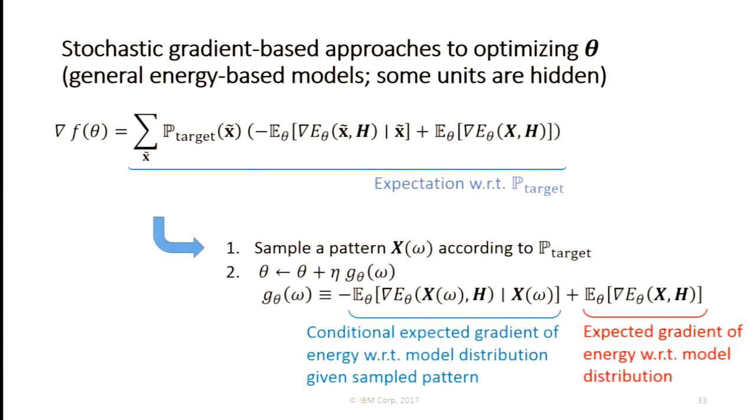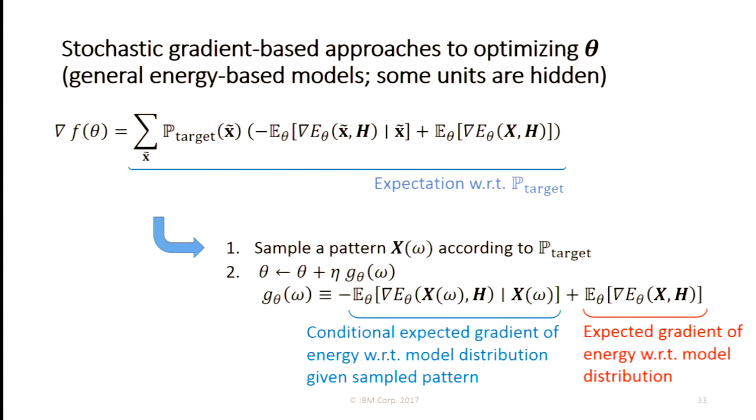Again, it suggests a stochastic gradient method, and we can express this using the expected value with respect to the target distribution. We just need to take a sample from the data, which is x omega, and compute a stochastic gradient. But now the stochastic gradient is changed a little bit.